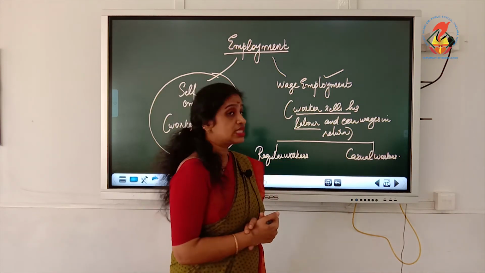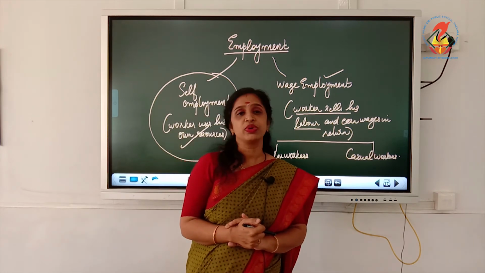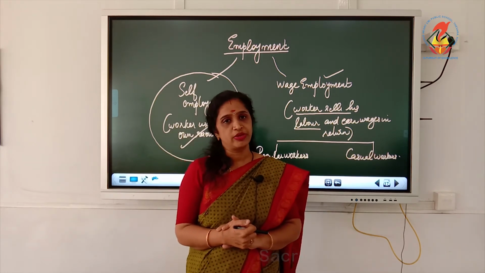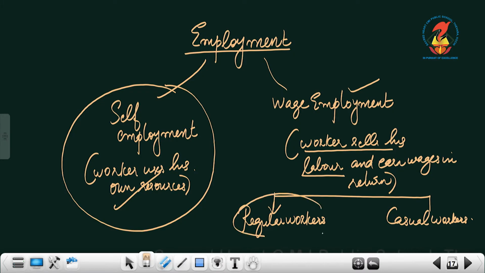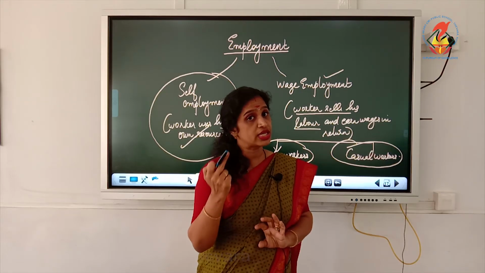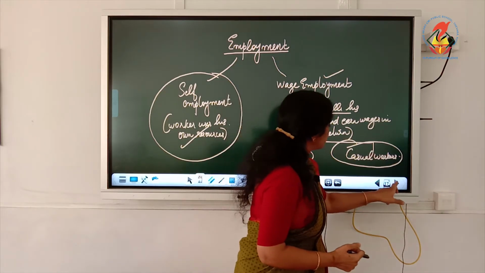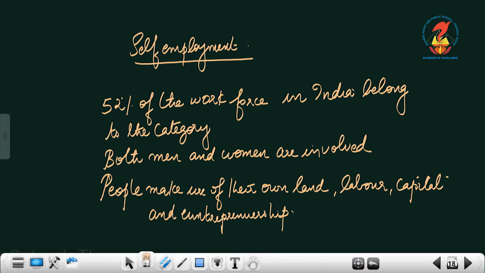One is self-employment and the other one is wage employment. Now, this wage employment is again categorized into regular workers and casual laborers. These are the two types of workers which we can find in wage employment, regular workers and casual workers or casual laborers.